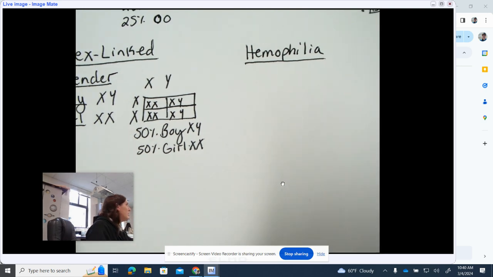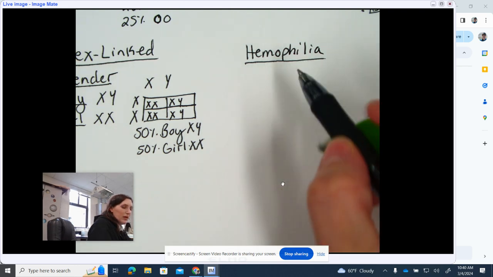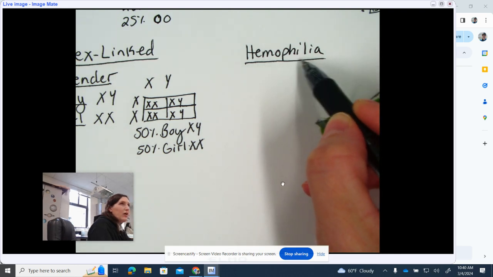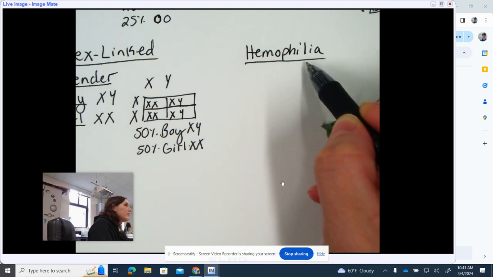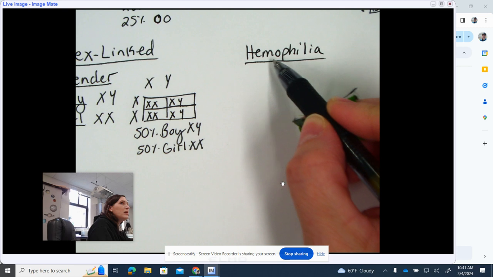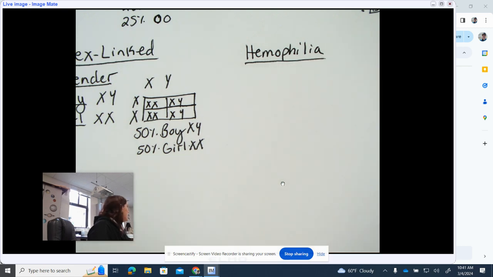Hemophilia is a blood disorder. Phile means to love in Latin, and hemo means blood, so these guys are called blood lovers.